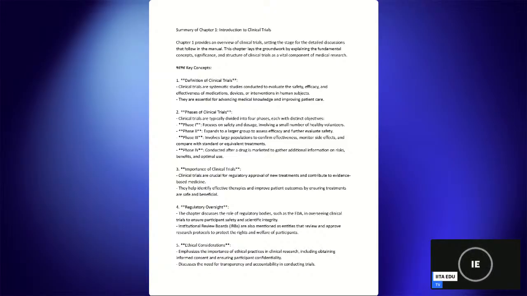Then phase four is when the drug is already approved and marketed, to gather additional information on risk. When it was being done in phase one to three, maybe we tested it on 50 or 100,000.